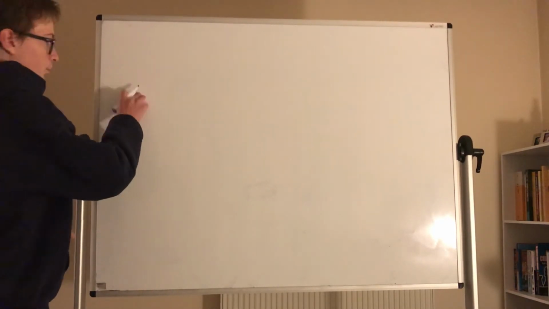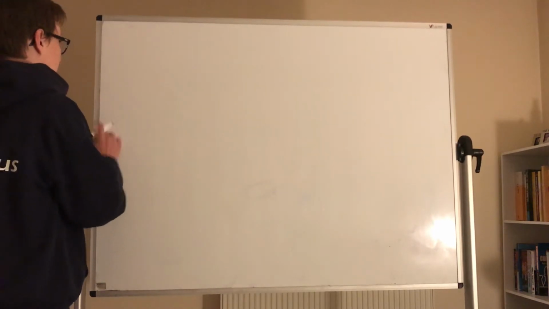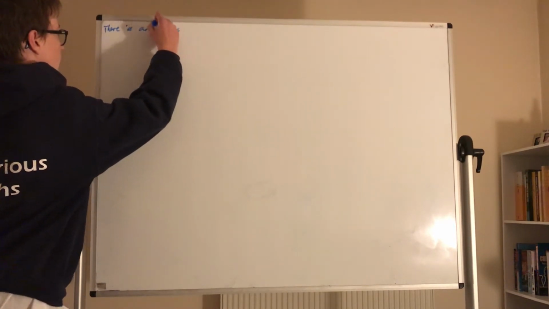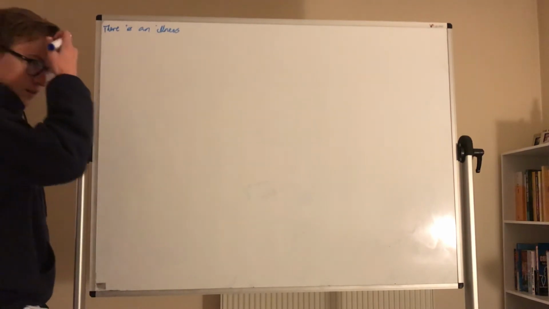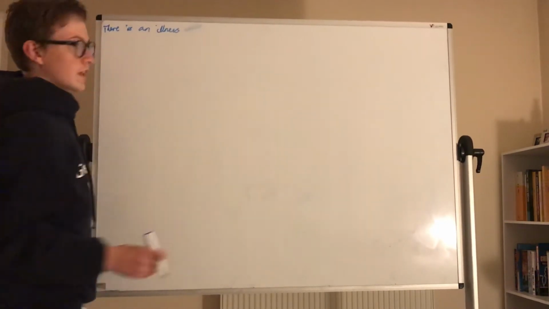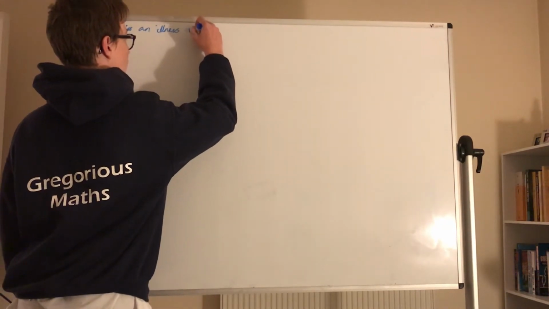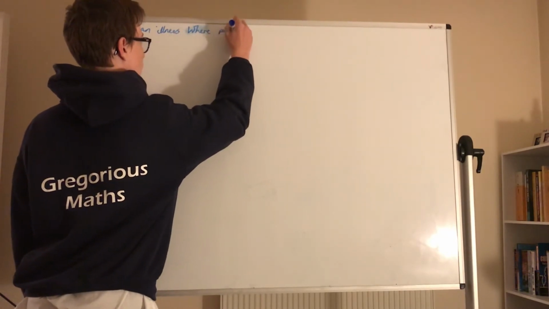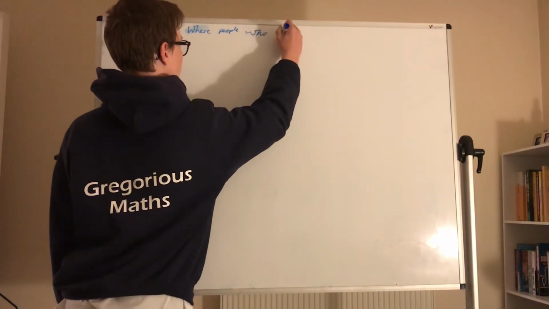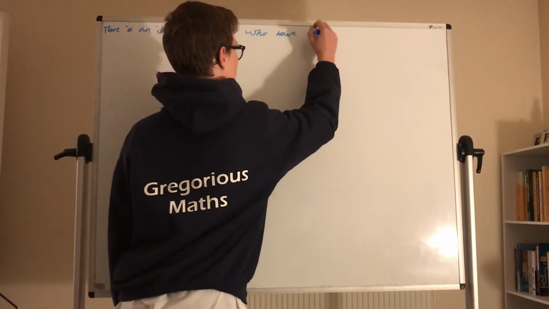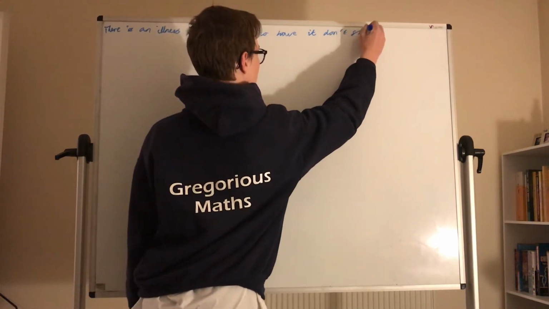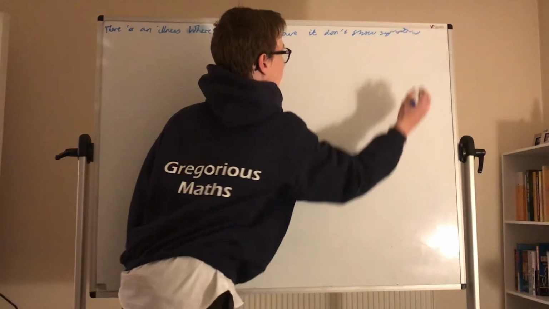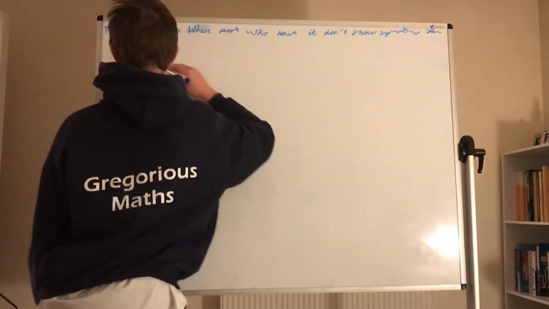So there's a population, there's a disease, right? There is an illness, which shows, let's say, where people who have it don't show symptoms for a while.